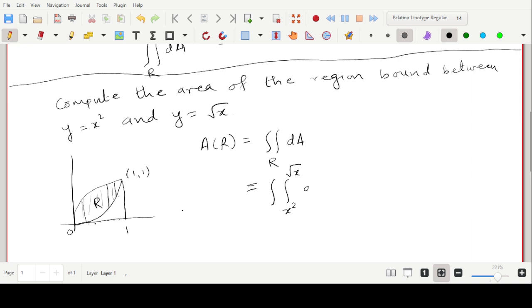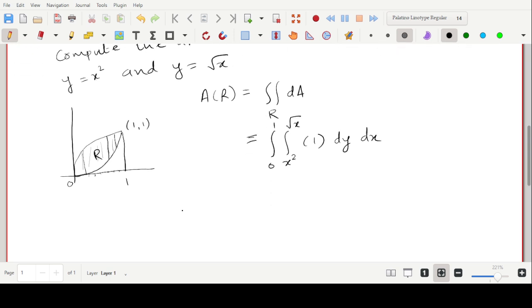Now remember that our function is just a constant one function, dy dx, and the limits between which x varies are 0 and 1.